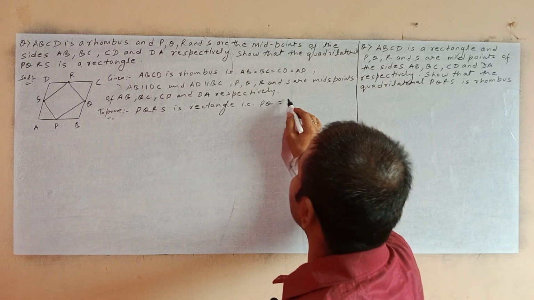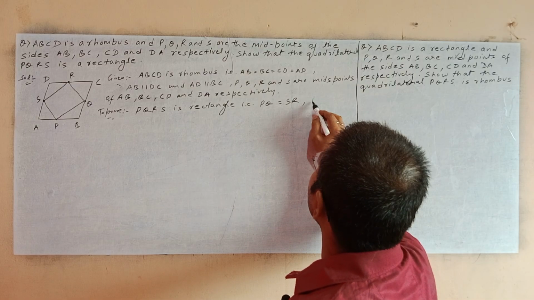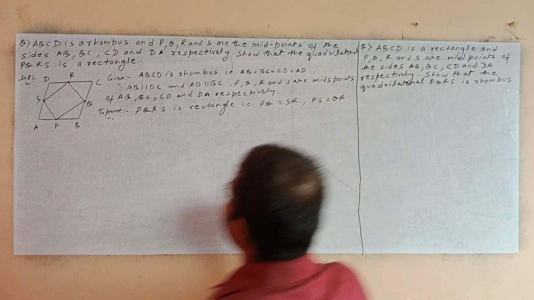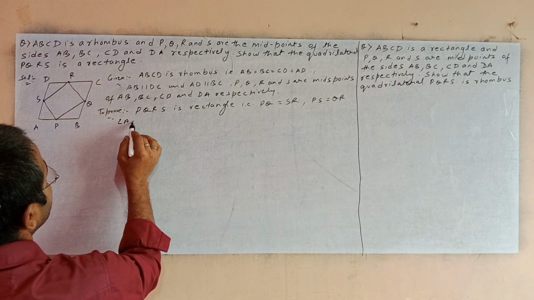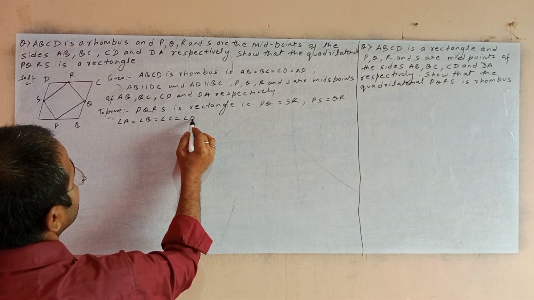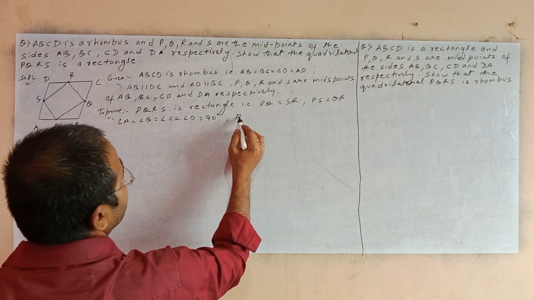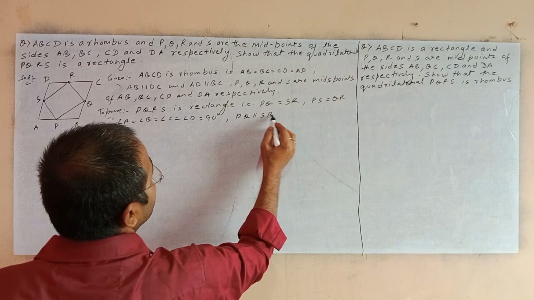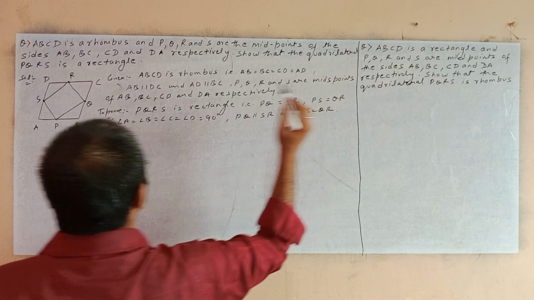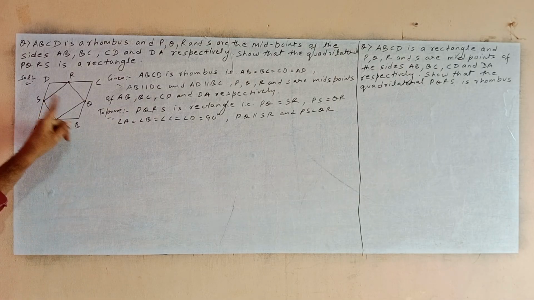PQ is equal to SR, and PS is equal to QR, and angle A, angle B, angle C, angle D are each 90 degrees. PQ parallel to SR and PS parallel to QR you have to prove.